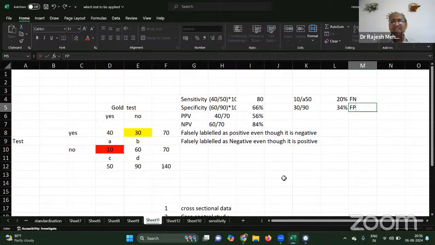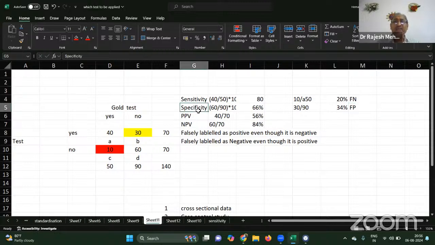You can see that the total will be 100%. False positive and specificity, if you combine the two together, it is 100%. And false negative and sensitivity, if you combine, then it is 100%. That means if you want to increase the sensitivity, then the false negative will reduce. If you increase the specificity, then false positive will get reduced.